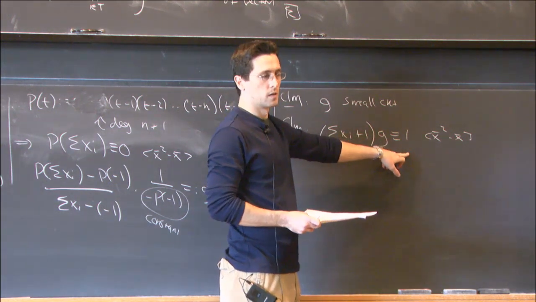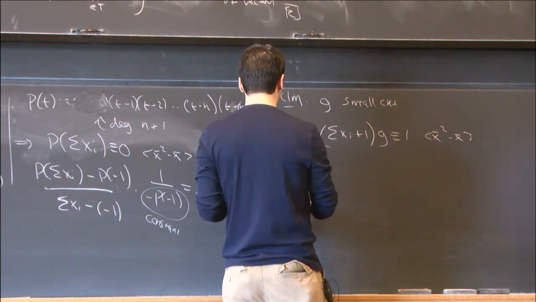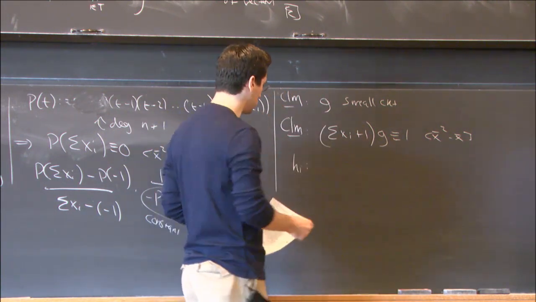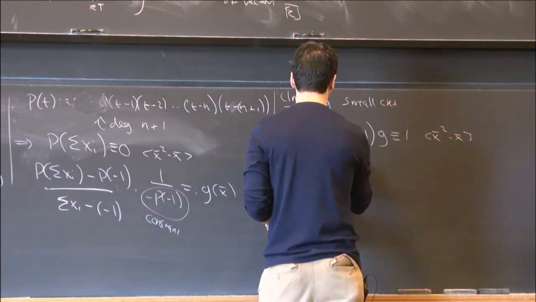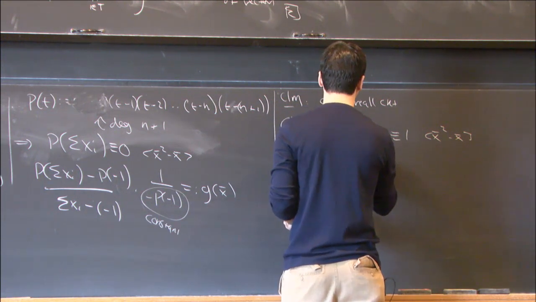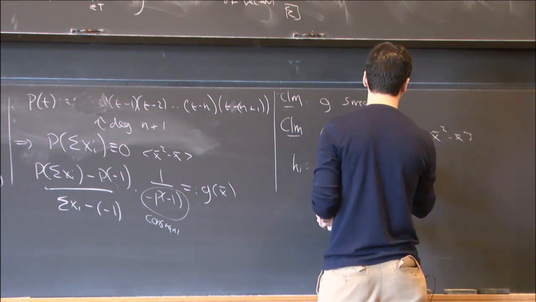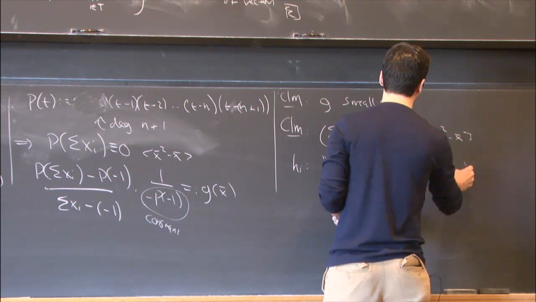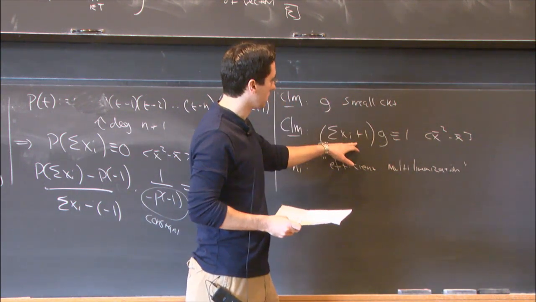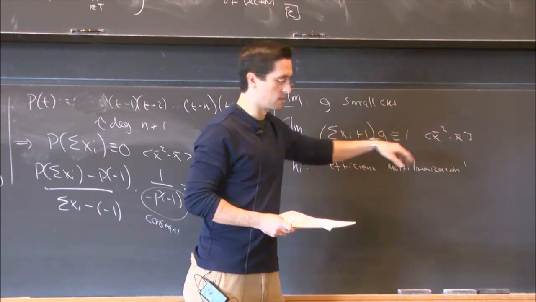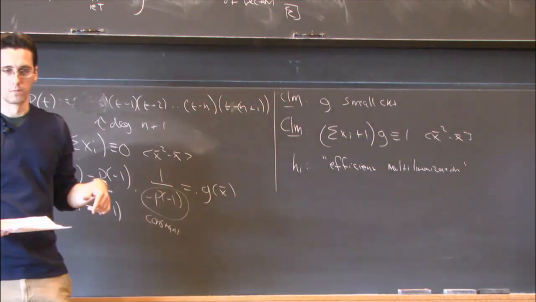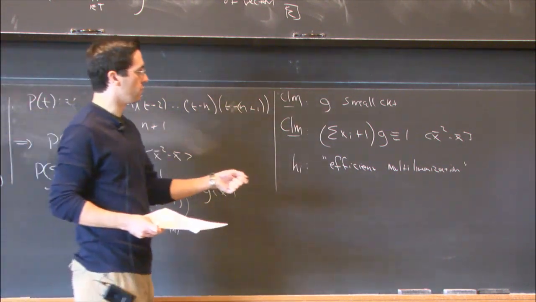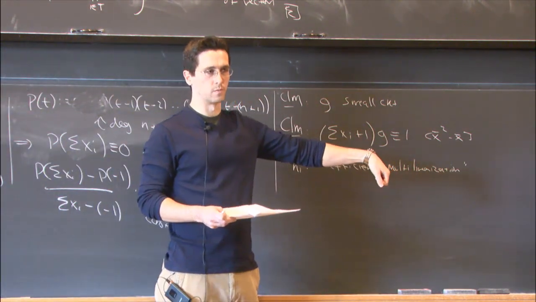So what about the H's? Well, it's before lunch, and I'm not going to do it, basically. But you need to show some sort of efficient multilinearization. If you take this polynomial minus 1, it's 0 modulo the Boolean cube. That's the statement of the equation, and I need to prove to you that it is 0 modulo the Boolean cube.